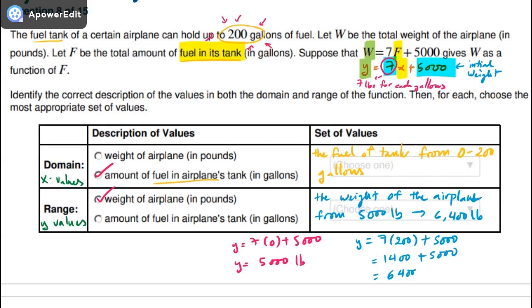X in this case represents the fuel, and based on the scenario, the fuel tank can contain 200 gallons, so the tank goes from 0 to 200 gallons. W is the weight, which is the range, the y value. By plugging 0 and 200 into the equation, you see that the weight goes from 5,000 to 6,400. That's it for number 8.